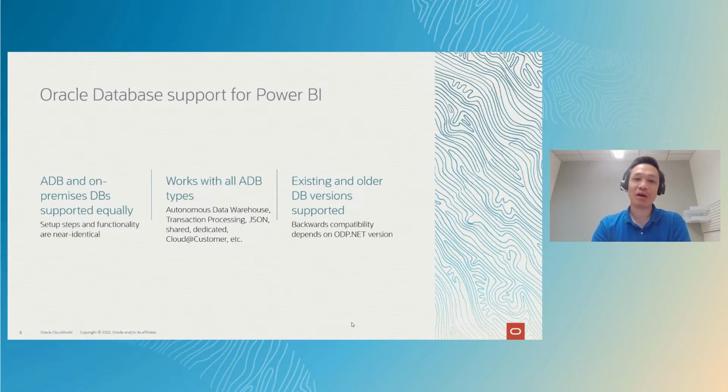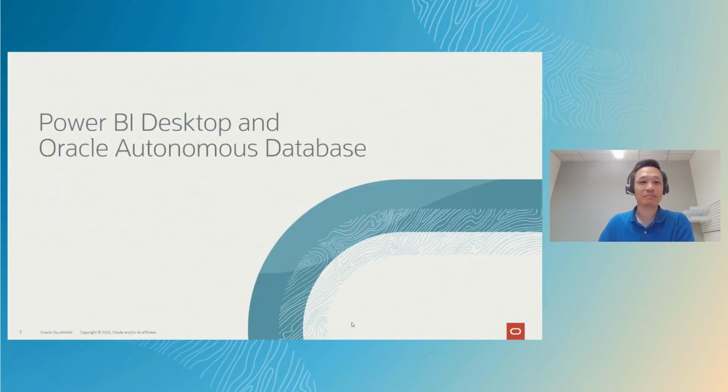Now, for autonomous database, you don't have to worry about that because autonomous databases are always updated to the latest release update, so you're up to date with all your patches and such. But if you're using on-premise, you could be using an older database, and you're still supported. You may have to use an older ODP.NET version to connect, but it's still supported with Power BI. And this applies to both Power BI Service as well as Power BI Desktop.